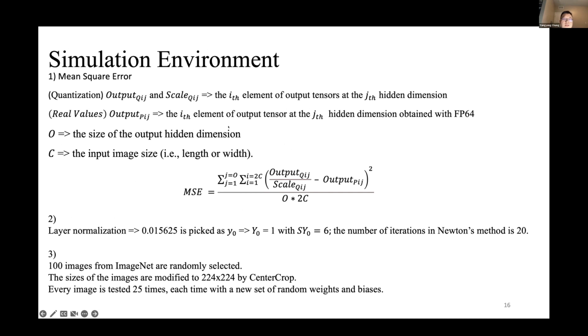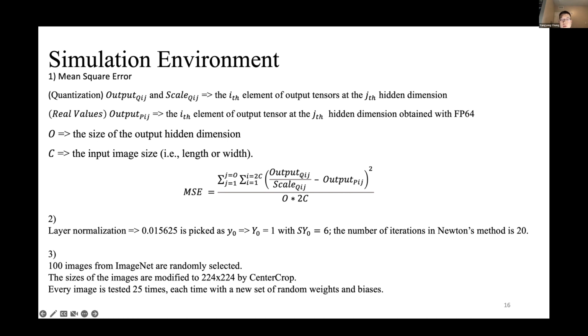So in our simulation environment, we focus on the mean square error. We will compare the results from the floating point number and our quantized number. As you can see, the quantized number we call output Q, and the real value we call output P. The O means the size of the output hidden dimension, and the C means the input size, like if we have a 32 times 32 image, C will be 32.